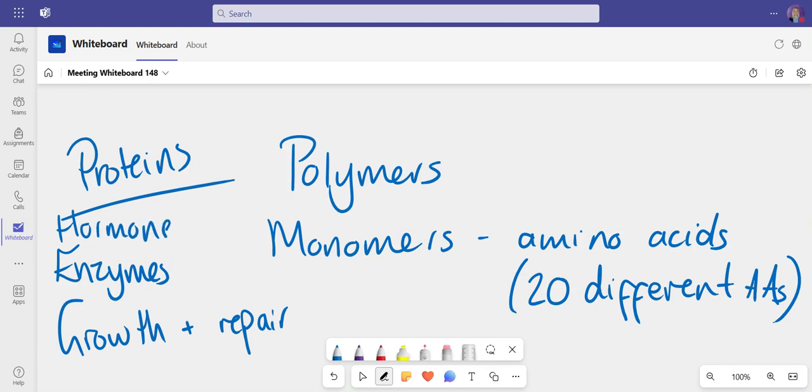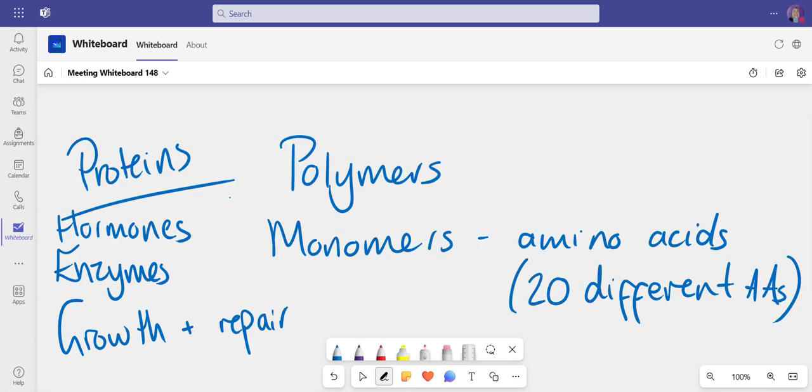Hormones are proteins, so that's our chemical messengers being sent around our body. Some are structural, like collagen and muscle. We've got loads of different proteins, but what they have in common is they're all polymers made of the monomers amino acids.